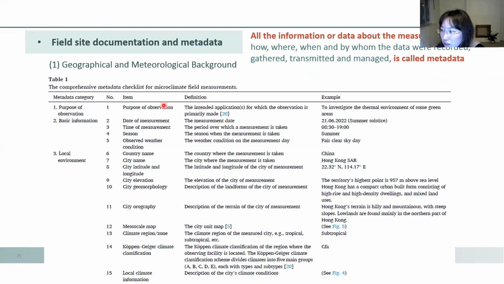Here we listed all the items that we think are important and provided their definitions. We also use Hong Kong as an example to show the metadata for the local environment. So if you want to describe your city in your paper, I would like to recommend this checklist for your reference.